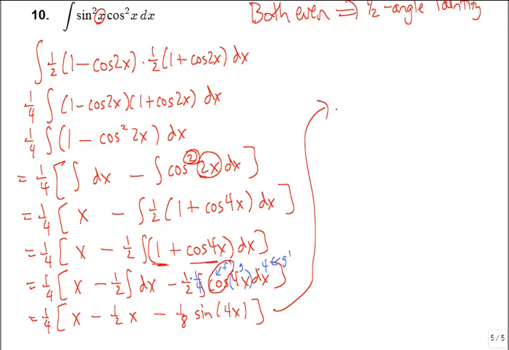So last but not least, let's clean some things up here. X minus 1/2 x, this is like 2/2 x minus 1/2 x, which is going to be 1/2 x.